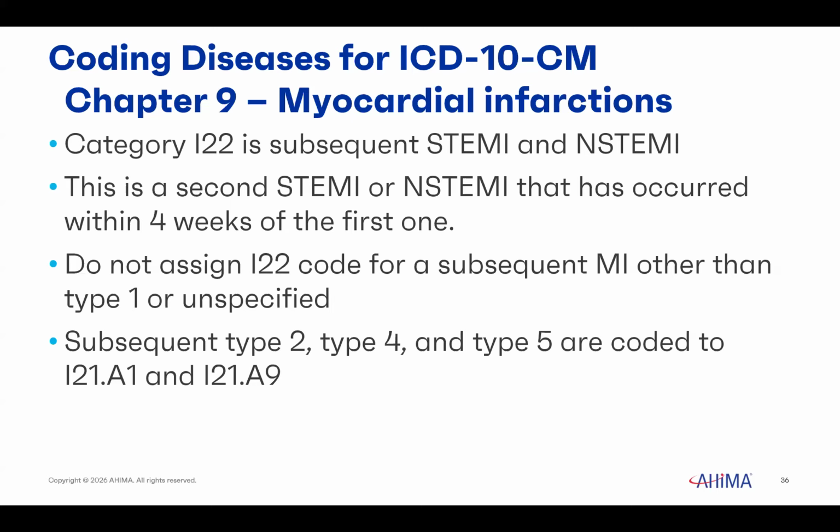Otherwise, we don't assign an I22 code. If we have a subsequent AMI within 4 weeks of the first AMI, and it's a type 2, type 4, or type 5, we would code that to the I21.A1 and I21.A9.